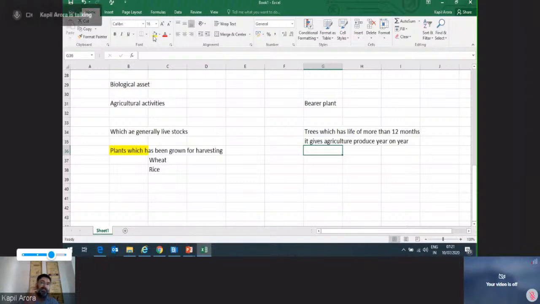It will keep on giving the agricultural product every year. We just have to maintain that. We don't have to cut it and plant it again every year. Can anyone think of an example of that?